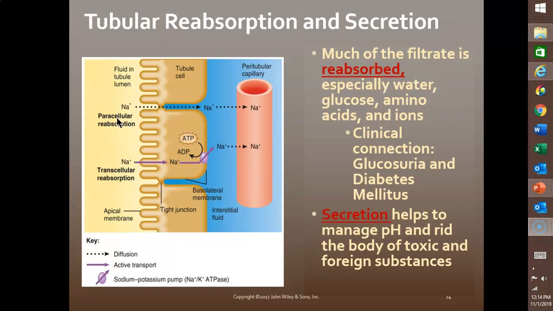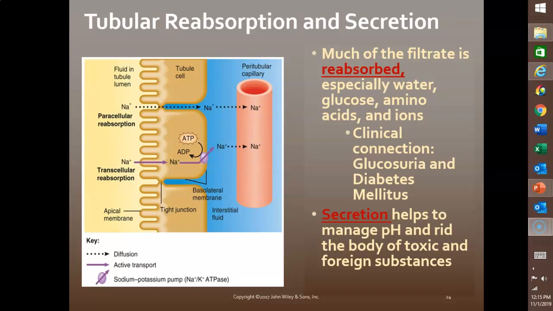So paracellular, near or between the cells, is a passive type of transport where molecules diffuse from the filtrate between the cells because they're not completely sealed off where they attach to each other. So things move across or between the cells out into the interstitial fluid and then get resorbed into the peritubular capillary. Again, this is passive.